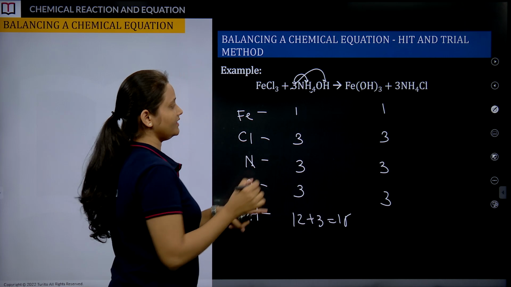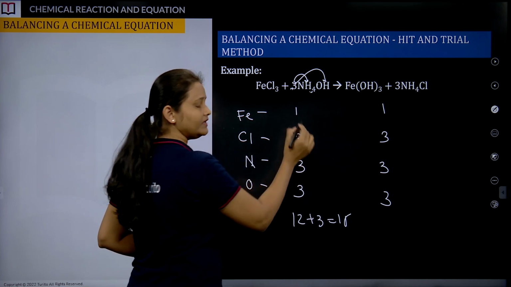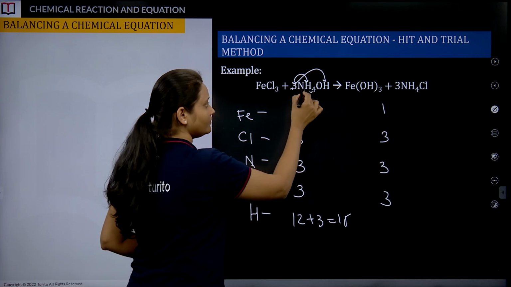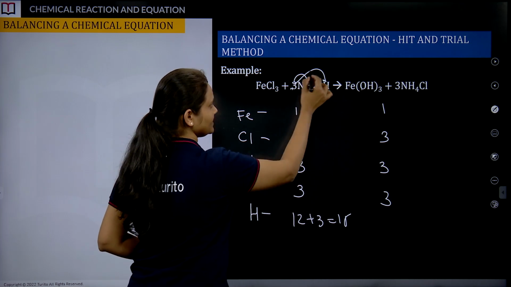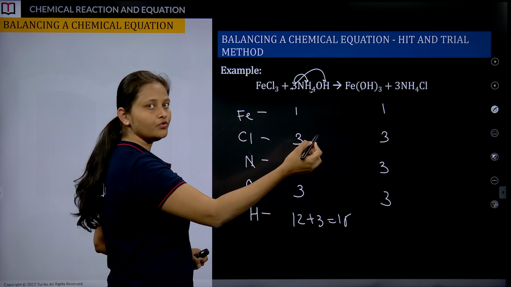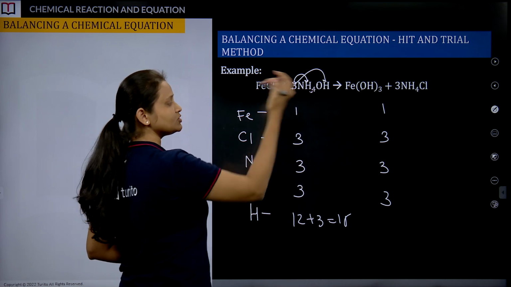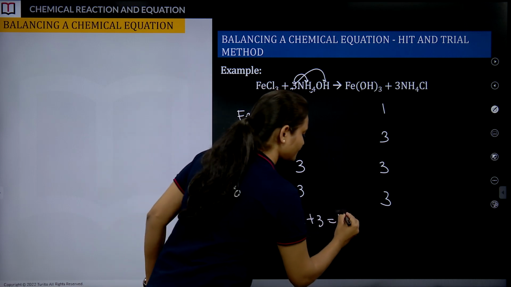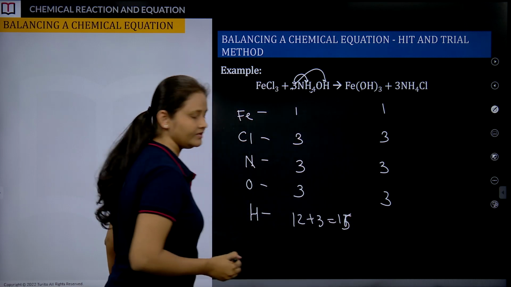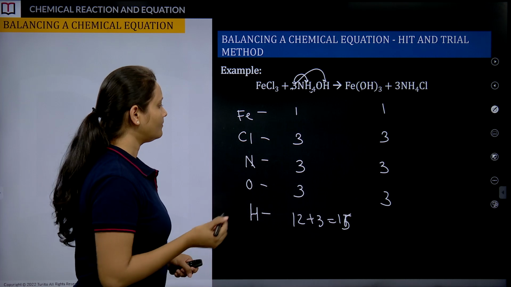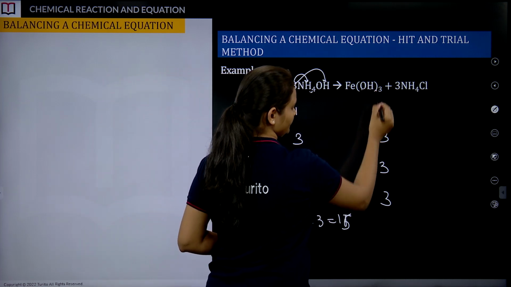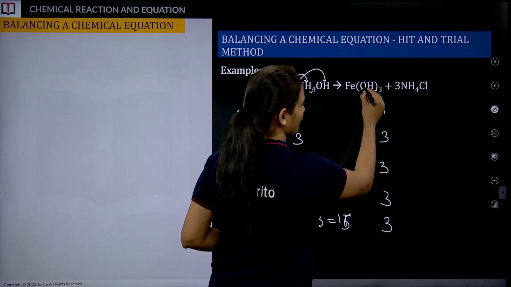I'll write it for you and explain it again. 3NH4, we are provided with 3NH4. So 3 into 4, 12. 3 is applicable for the next hydrogen also, which tells us that there are 3 hydrogen atoms. That's why I wrote 3, which gives me 15. Total number will be 15 atoms of hydrogen. Moving ahead, on the other side, it becomes Fe(OH) thrice.